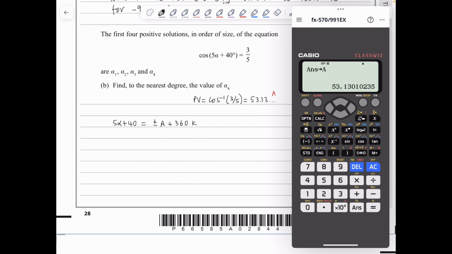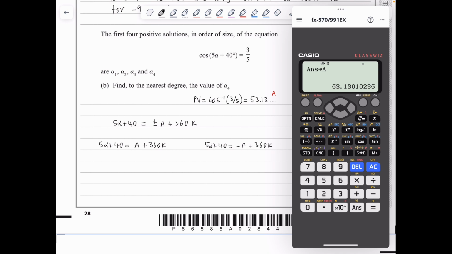I will split this now, one for the plus and one for the negative. So 5 alpha plus 40 is equal to A plus 360K, or 5 alpha plus 40 is equal to negative A plus 360K.